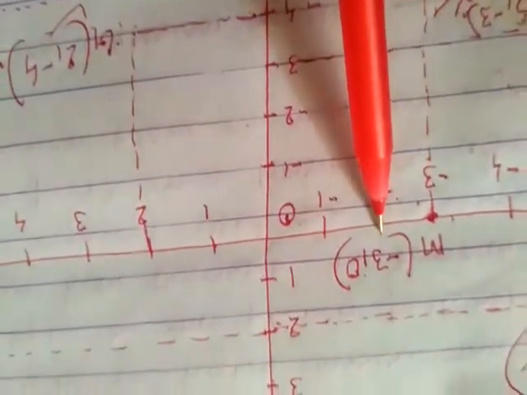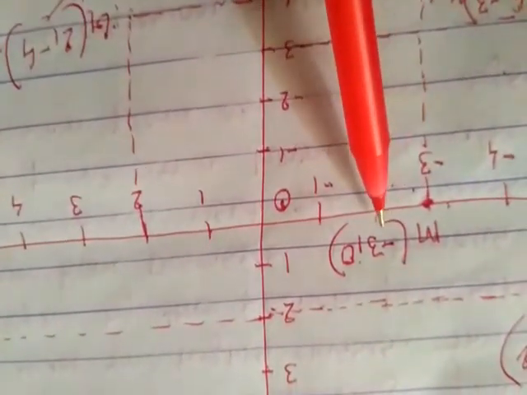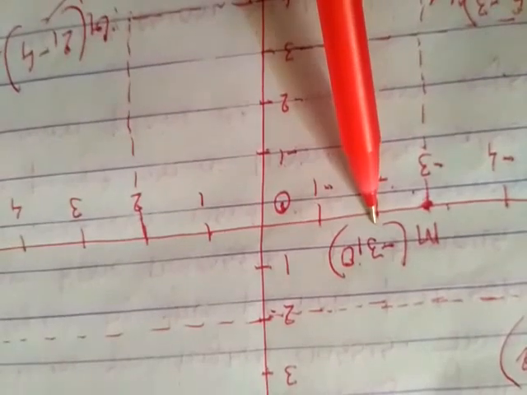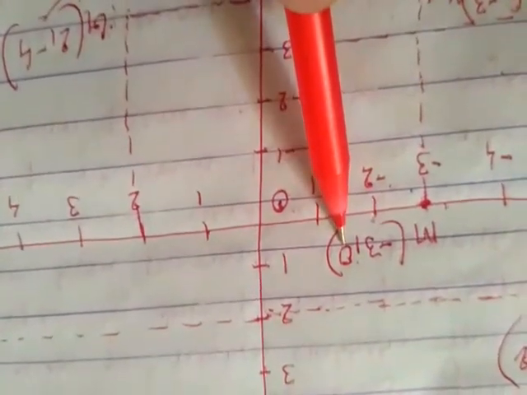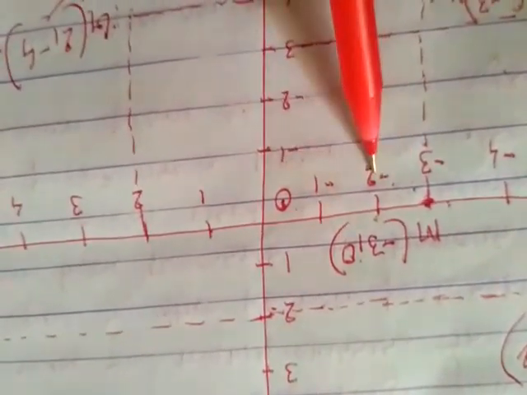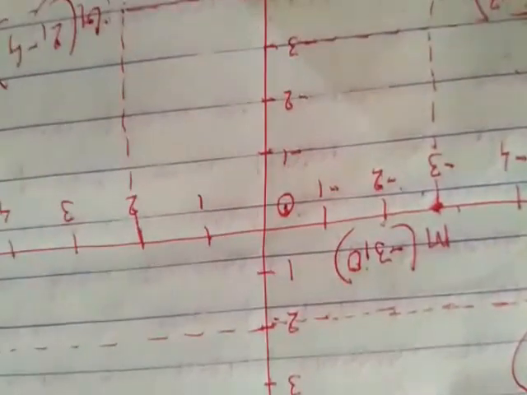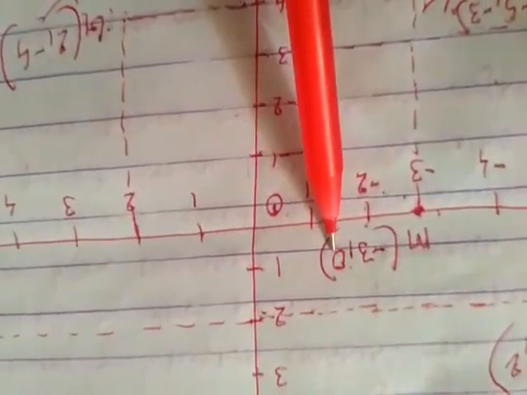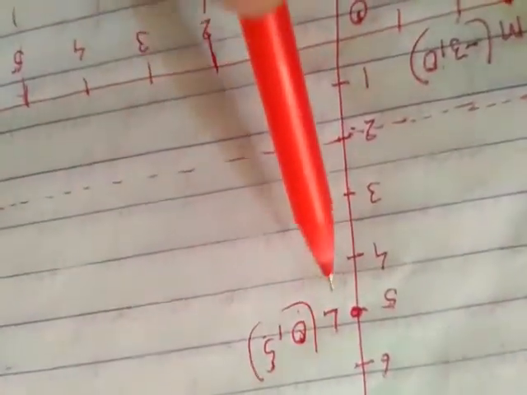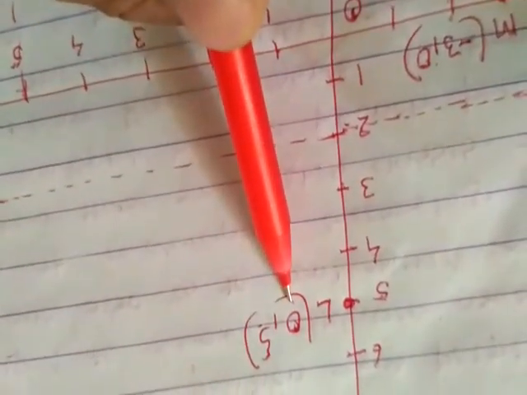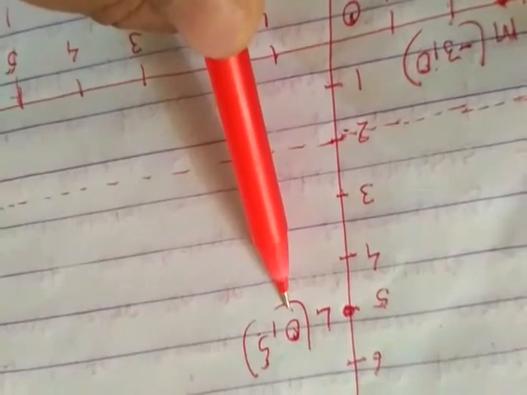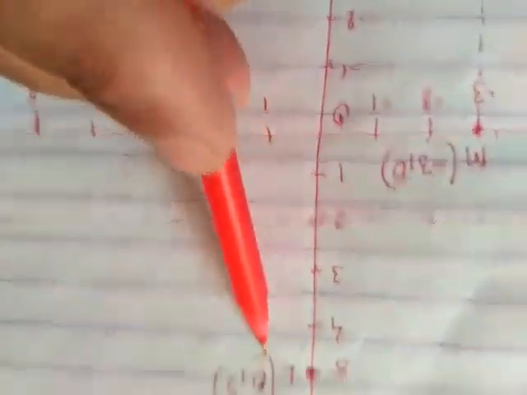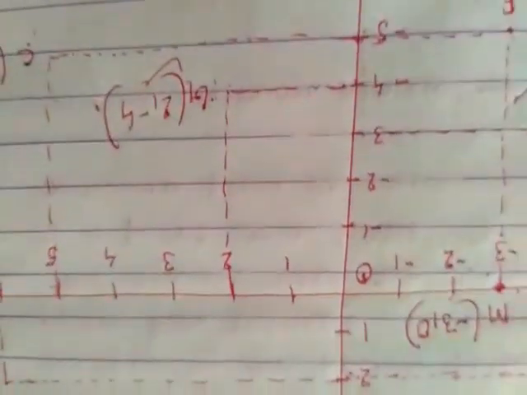It means abscissa is minus 3 and ordinate is 0. When any point lies on the x-axis, its ordinate must be 0, and when any point lies on the y-axis, its abscissa must be 0. Keep these two things in your mind.